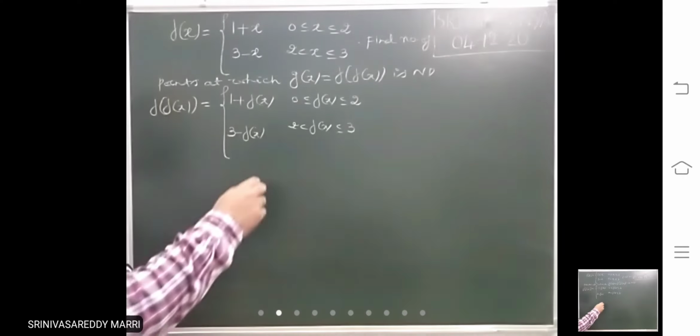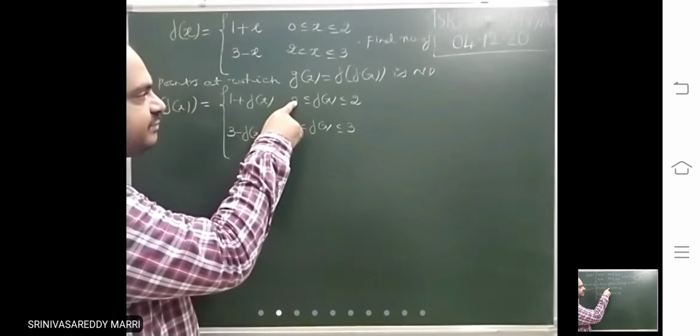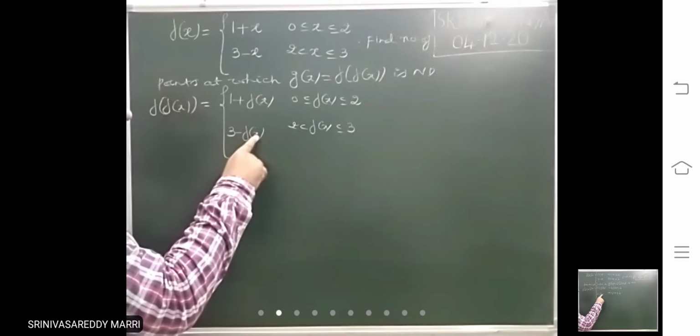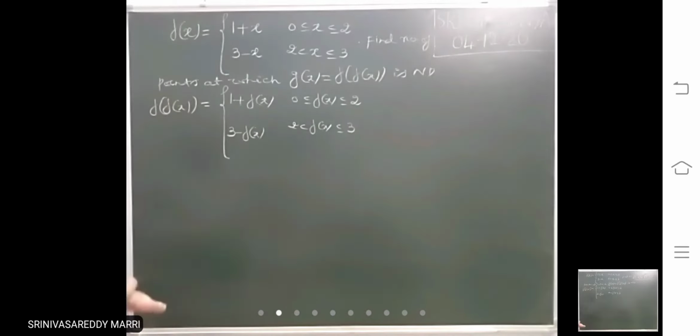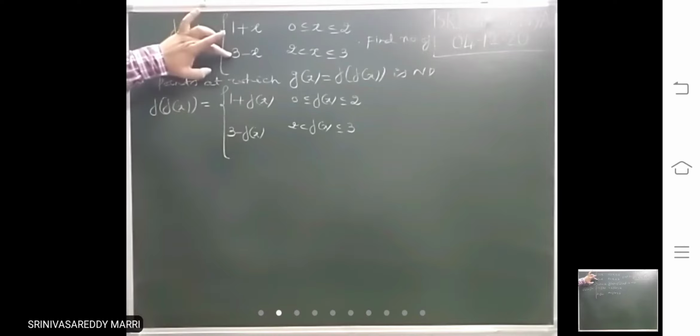That means, look at that, this f of x you have to take such that it lies between 0 and 2, and this f of x you have to take such that it lies between 2 and 3. That means this is one definition of f of x, this is another definition of f of x.